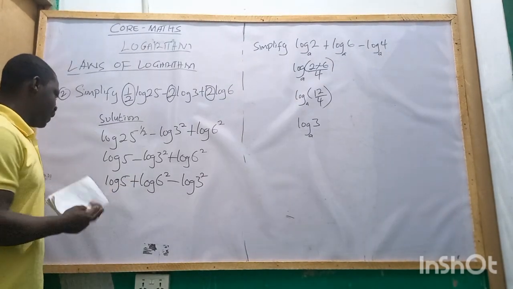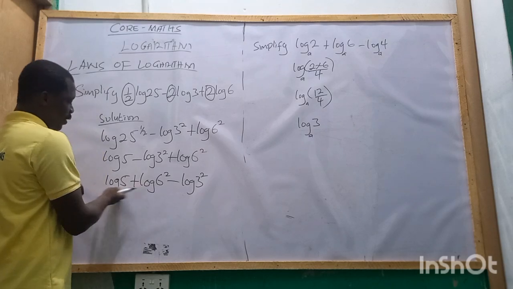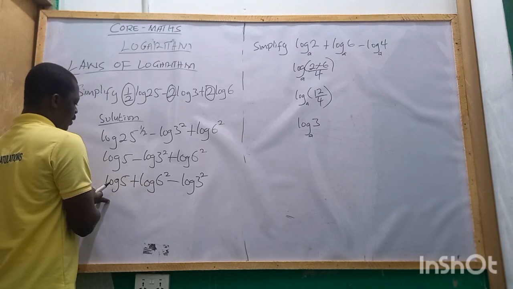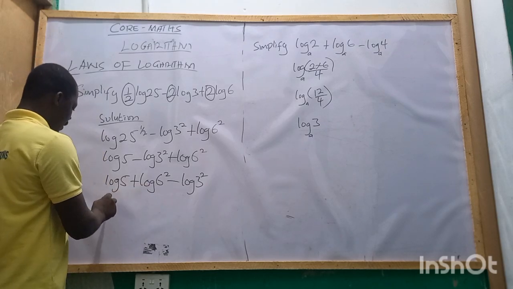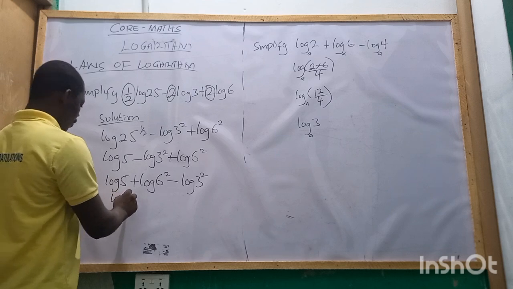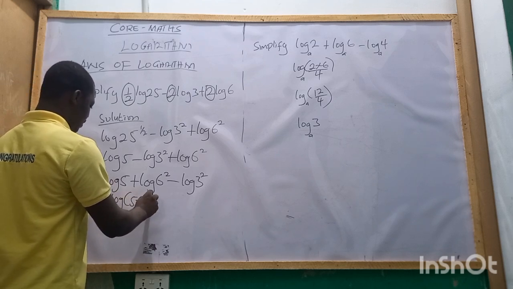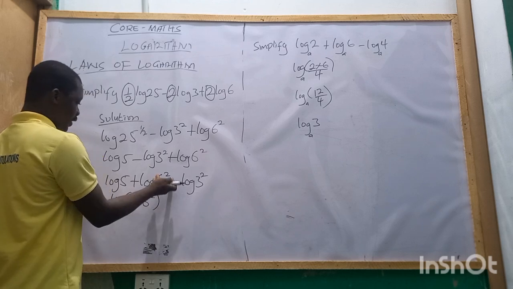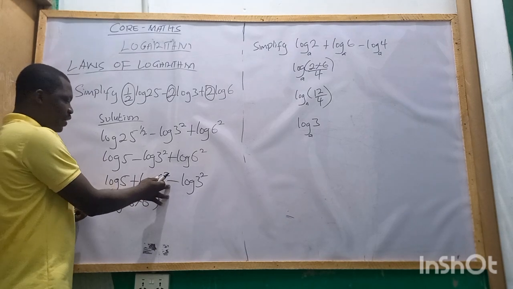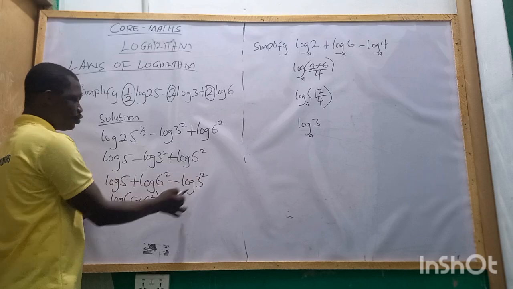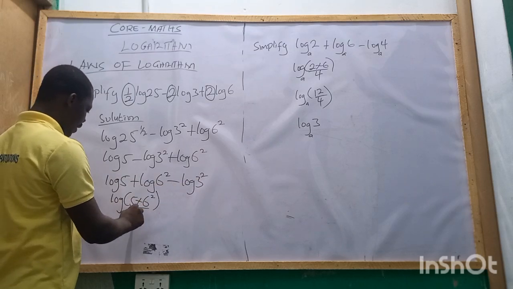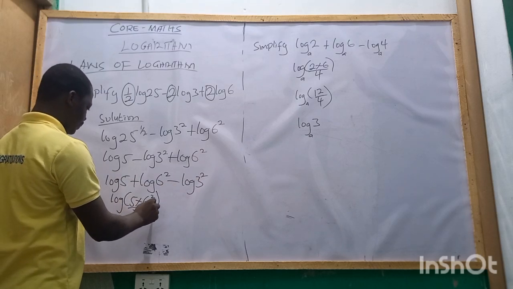So this one I'll get, when we are applying the product rule or the product law, so I'll get log of what? Into bracket 5 times what? 6 square all over. So yeah, it's multiplied. The divide is subtracted, so it what? It will divide all over what? 3 square.